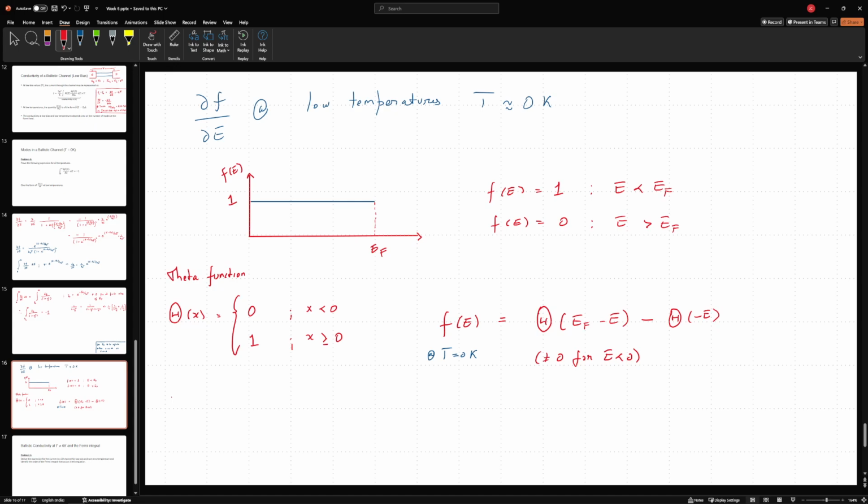Now if I want to do dou f by dou e, it's going to be dou by dou e of this quantity, theta of EF minus E, and then minus dou by dou e of this quantity.